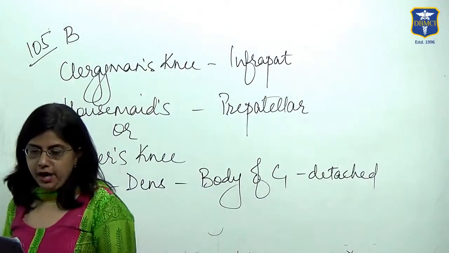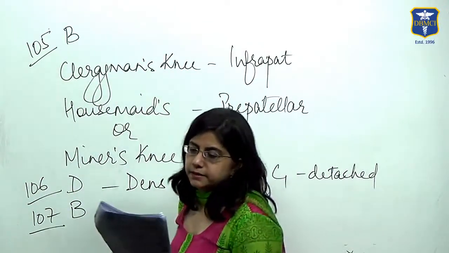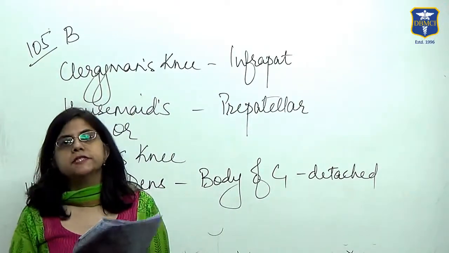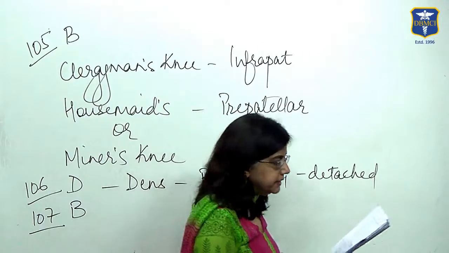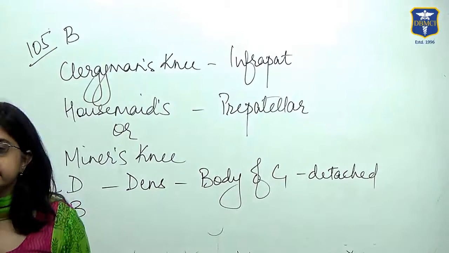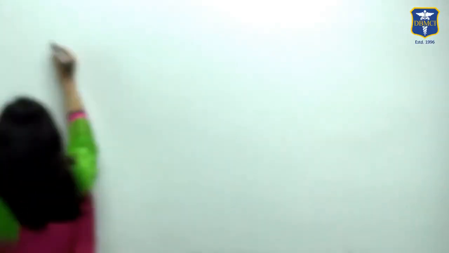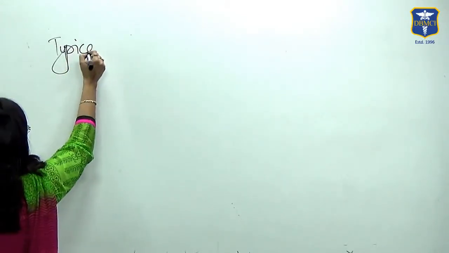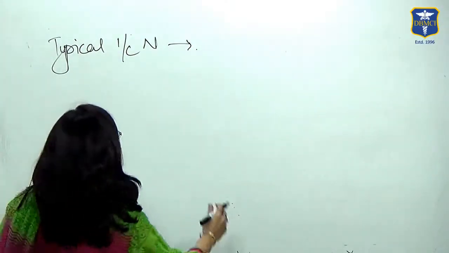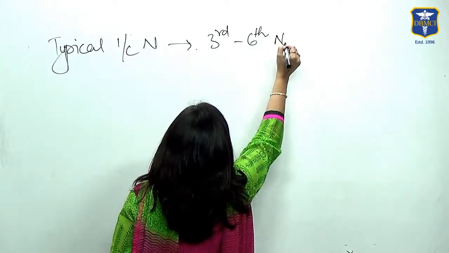Question 109, the answer is A. The typical intercostal nerves are those nerves which supply only the intercostal spaces, and these are the 3rd to 6th nerves.